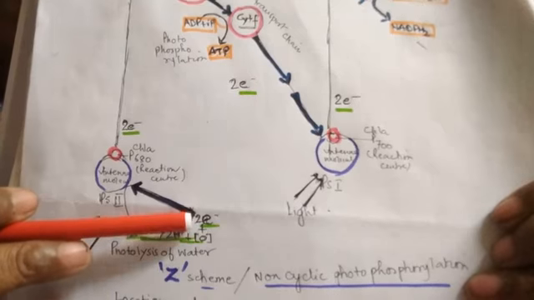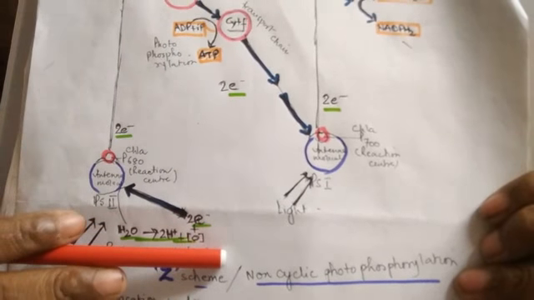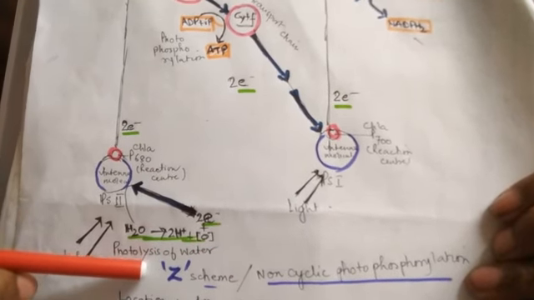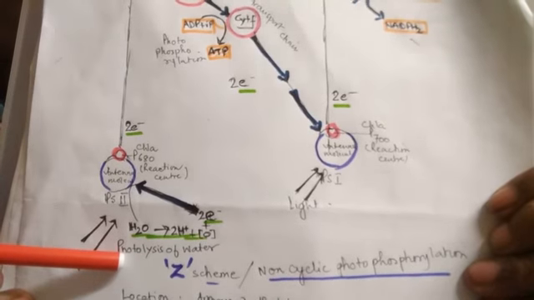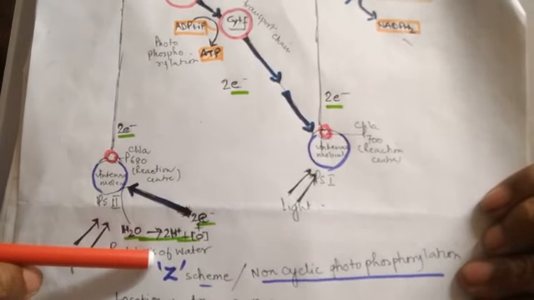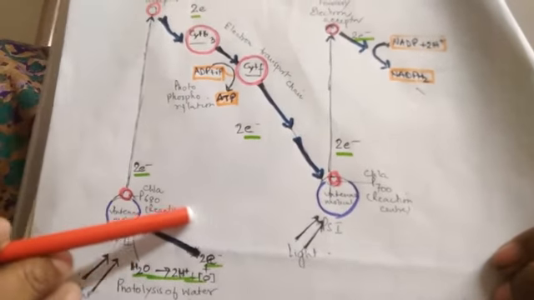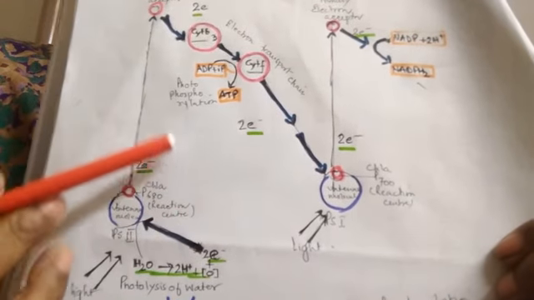Hydroxyl ion is releasing its electron, forming hydroxyl radical. Four hydroxyl radicals can combine to form 2 molecules of water and 1 molecule of oxygen, which is released, and the water forms the metabolic water. So this is about non-cyclic photophosphorylation.